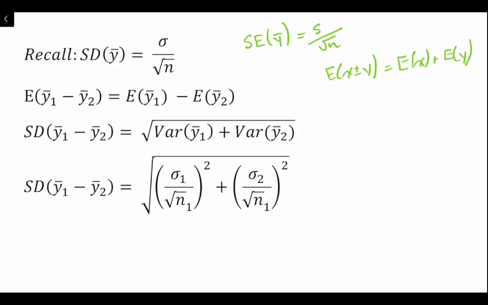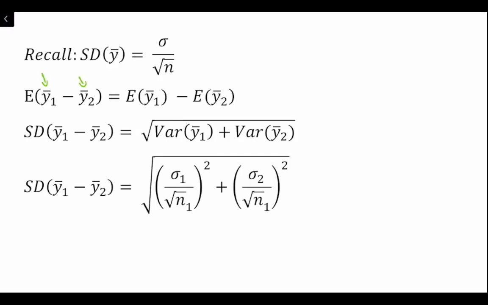That's exactly what we're doing in this scenario: the expected value of y bar 1 minus y bar 2, the mean of sample 1 minus the mean of sample 2, is equal to the expected value of y bar 1 minus the expected value of y bar 2. This is something that we've certainly done before, and if you need a refresher, you can go back to previous videos on adding and subtracting random variables from each other.